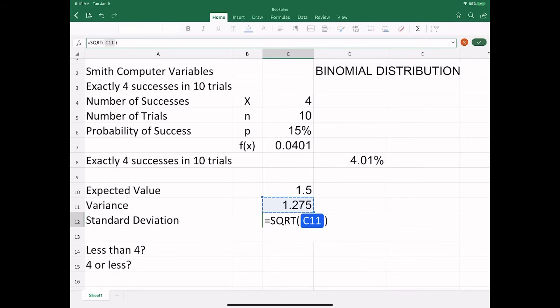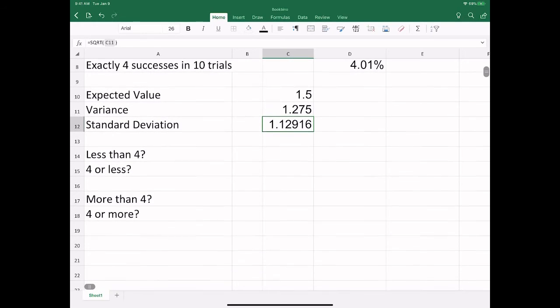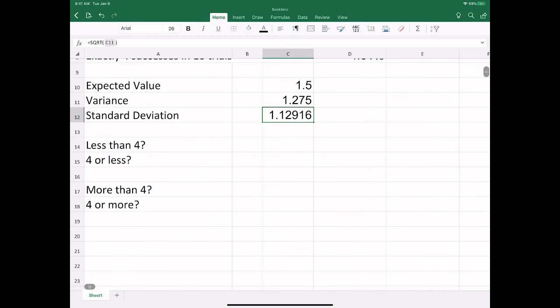Remember, I told you earlier, I'm lazy, and if I can do it in less clicks, that's what I want to do. I hit the green check, and it tells me 1.12916.